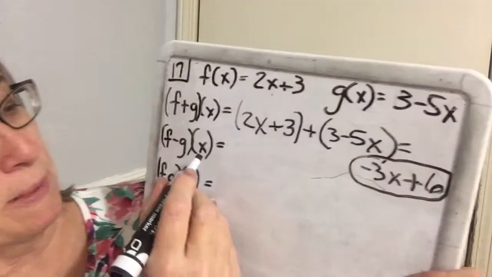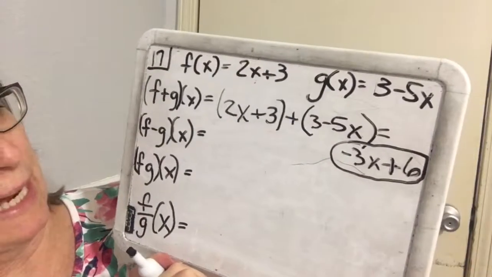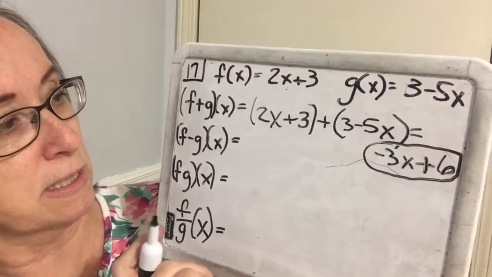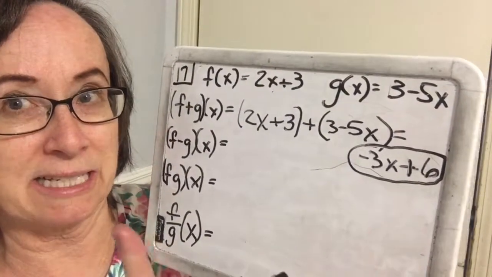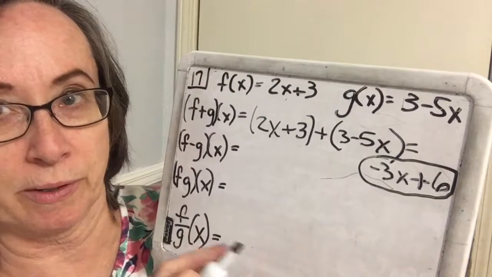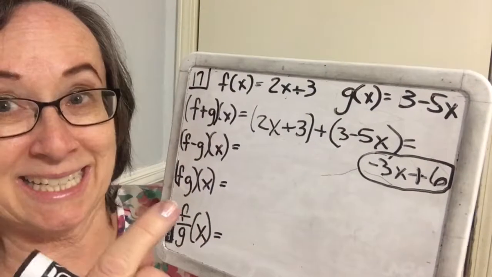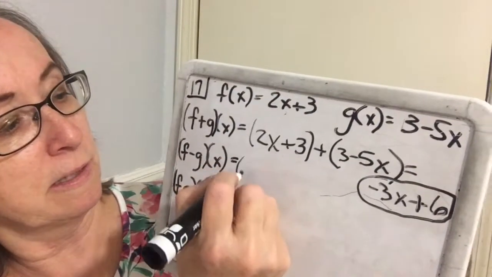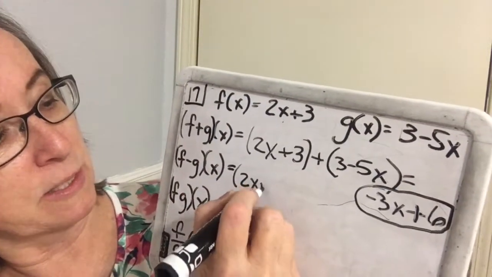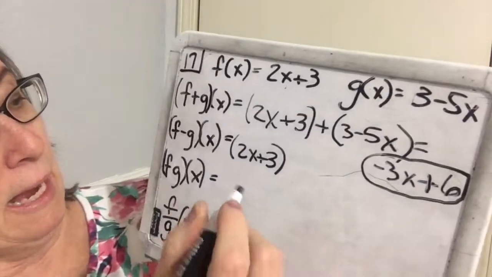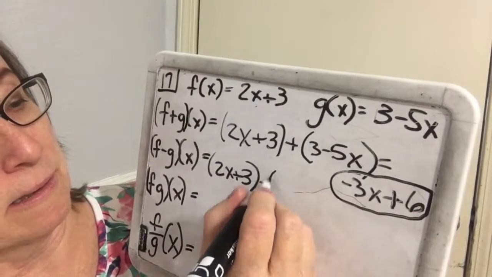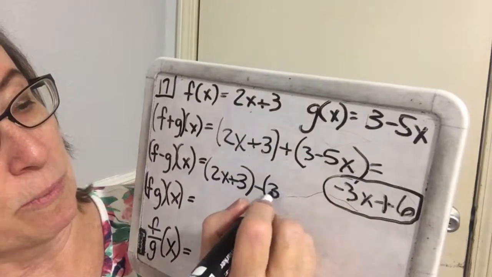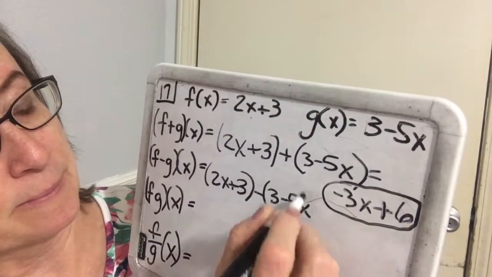I'm going to do this one, and we're going to take the difference of the two functions. Especially when you're taking the difference, it's important to use your parentheses because you'll have a minus sign that has to be distributed. So now we'll write the f function, 2x plus 3, and we're going to subtract the g function, 3 minus 5x.